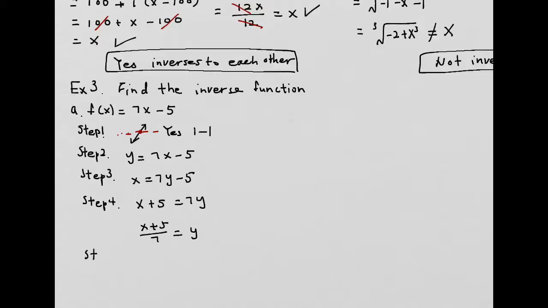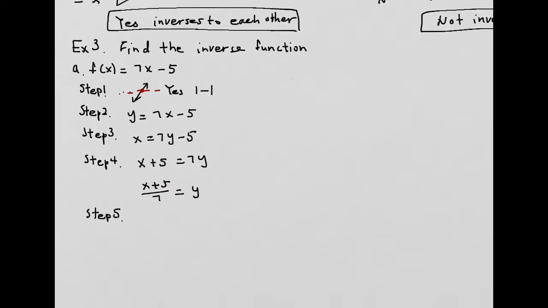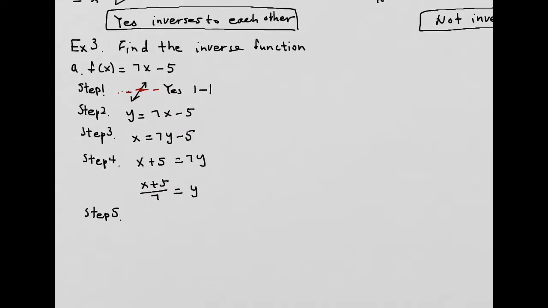And if you have an inverse, this is going to be your inverse. The last thing you need to do is checking. How do we check? We check using the other method, remember from example 2, right? Let's rename this as g of x. Then I will check f of g of x first.